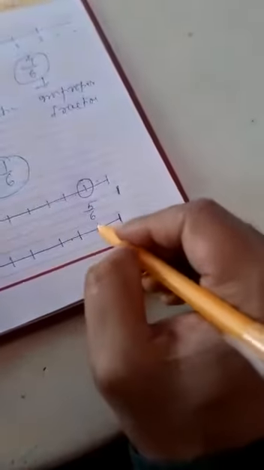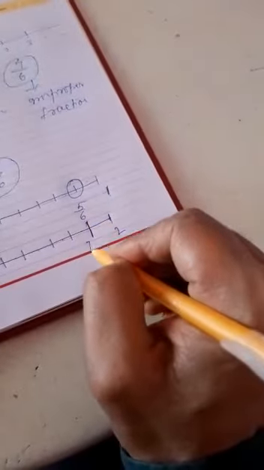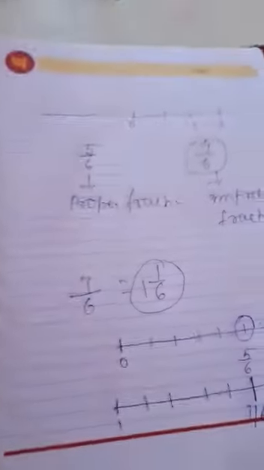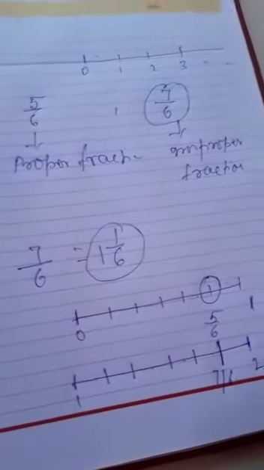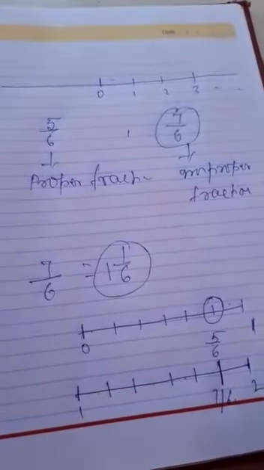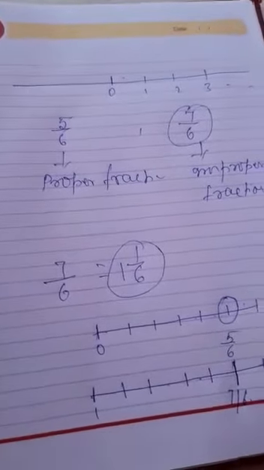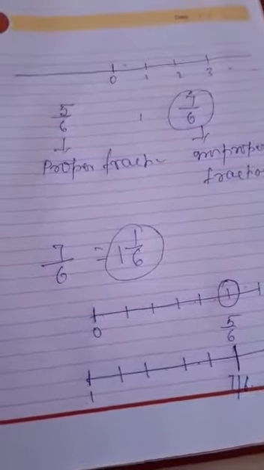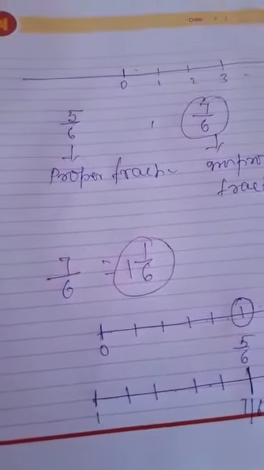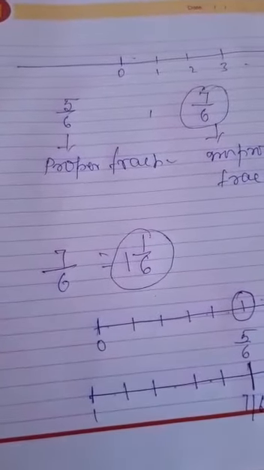Now 1 whole 1 by 6 is the first mark after 1, and this is 7 by 6. So this is a way to represent a rational number on a number line. By this way you can complete your exercise 1.2, and we'll go with the next chapter. Thank you.